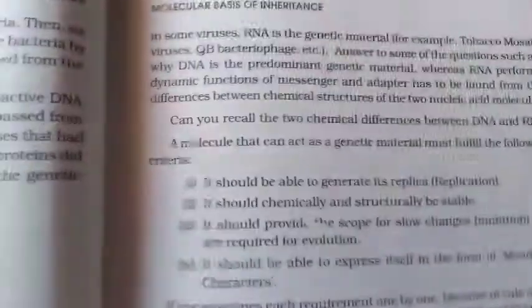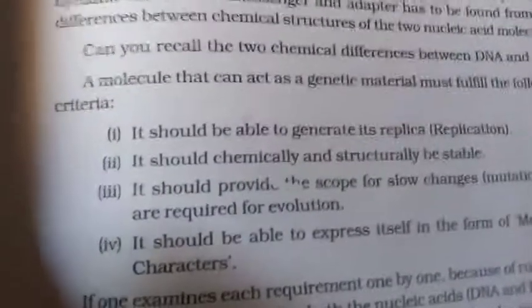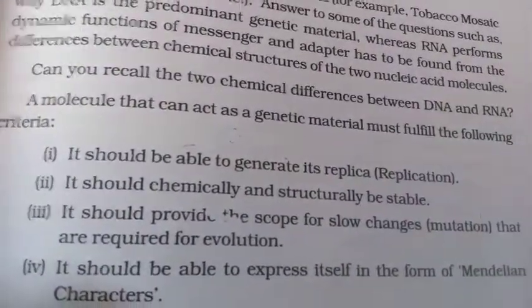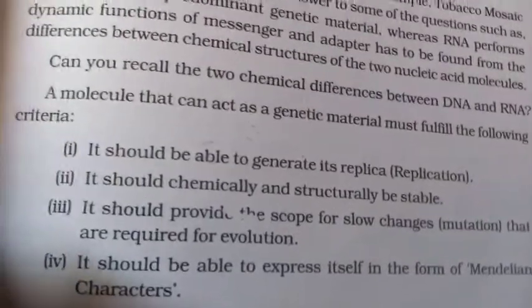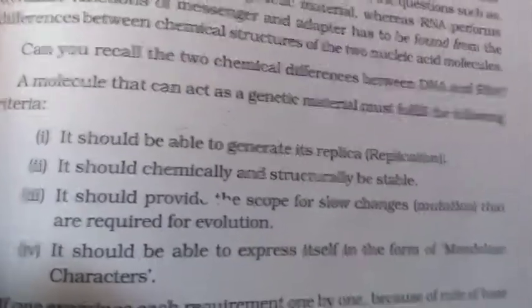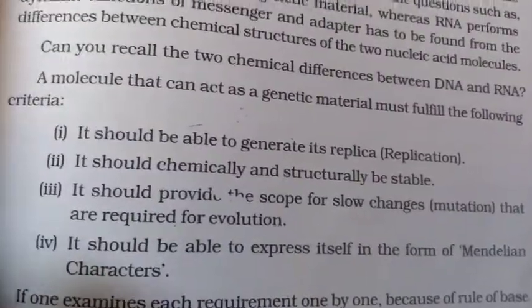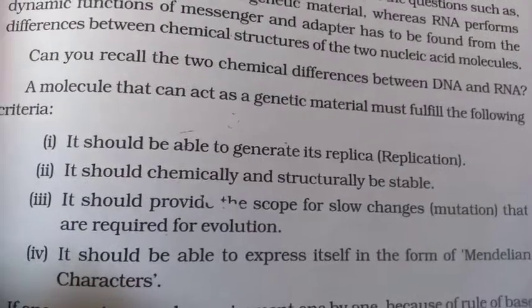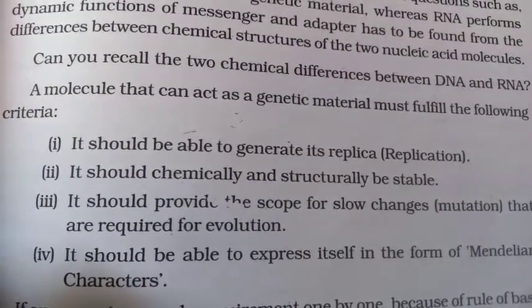Number one, it should be able to generate its replica, that is replication. The material should be capable of replication, that is, it should be able to generate a true copy of the original material.